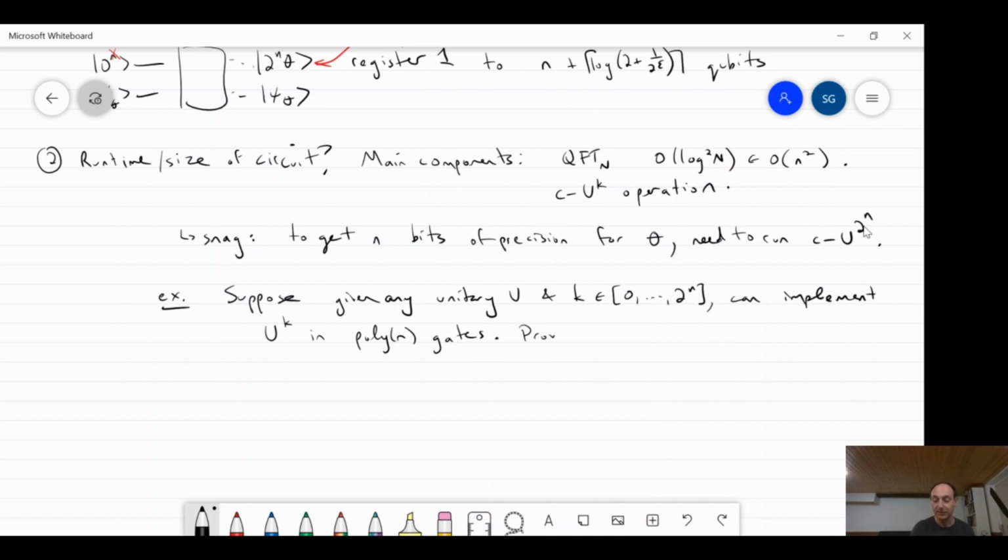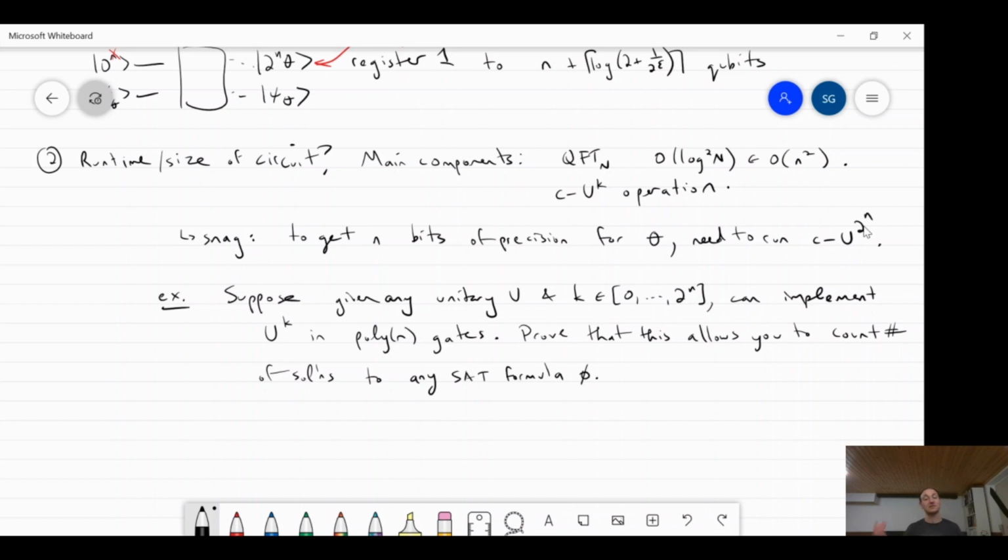The claim is that if you can do this, then you can do some things which complexity-theoretically should be impossible. In particular, you can prove that this allows you to count the number of solutions to any SAT formula phi.